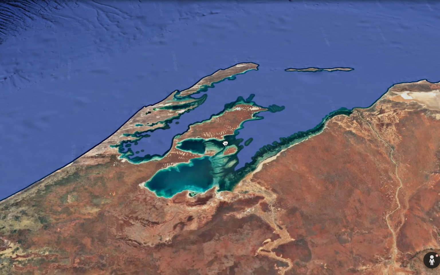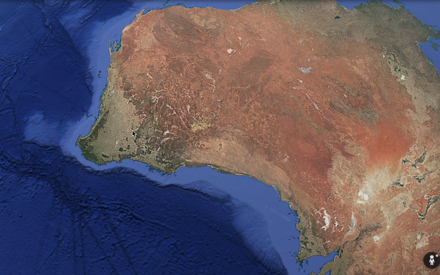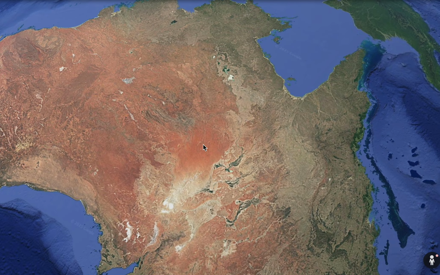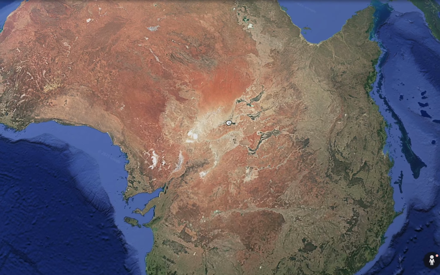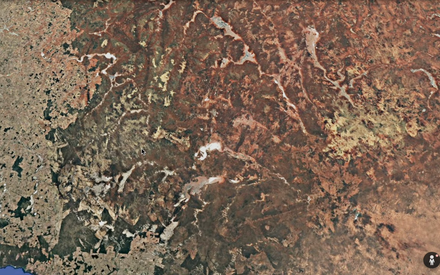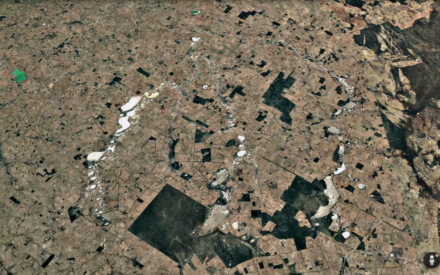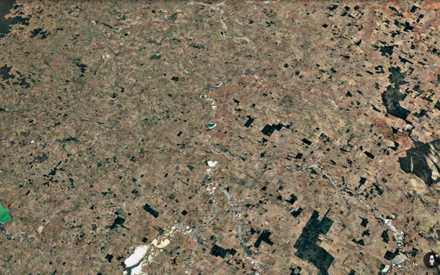Okay, but back to Australia. This is all salt Scablands, this entire continent. All of these spots are salt Scablands. And if you maybe check out this spot, you'll see that these paths are from river channels.